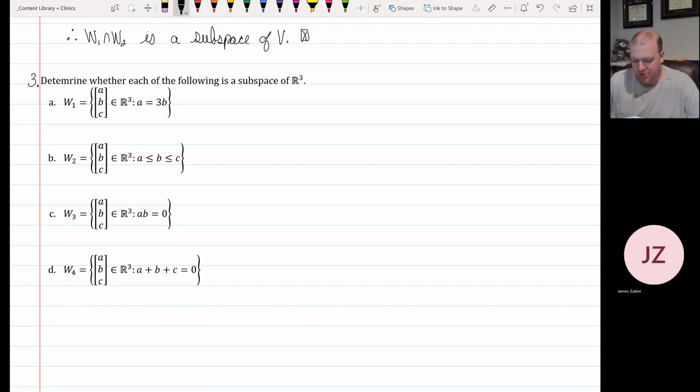So we again want to determine which of these are subspaces. This time, though, the vector spaces are R^3.